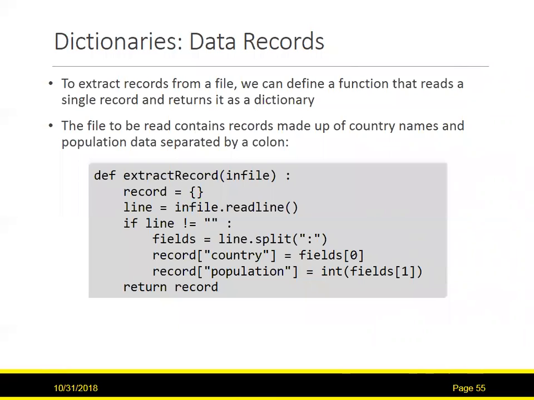He creates a blank dictionary here, and then reads the file, splits by a colon, and then sets 2 different values equal to it. Essentially, this file should contain a country separated by a colon and then the population.